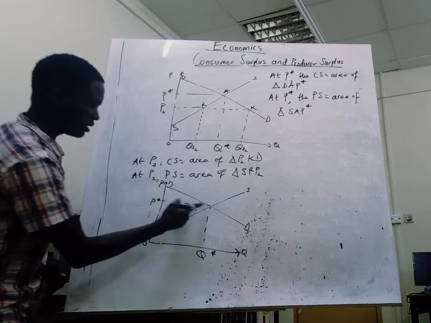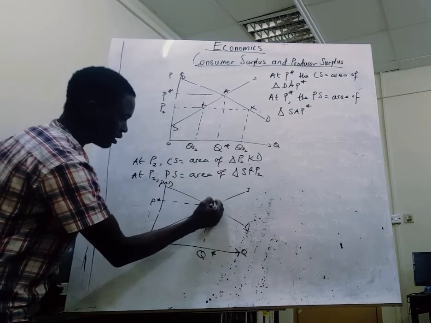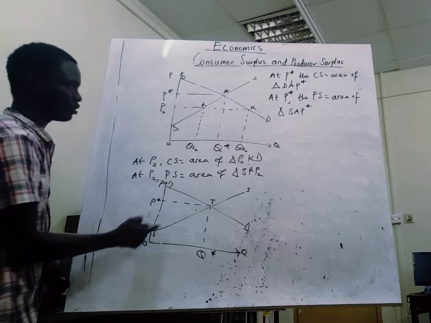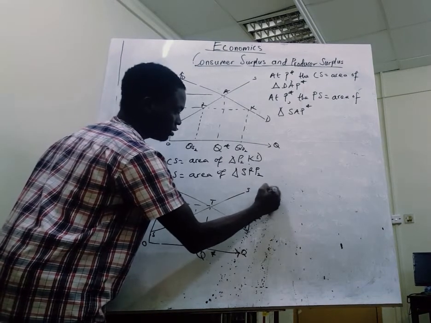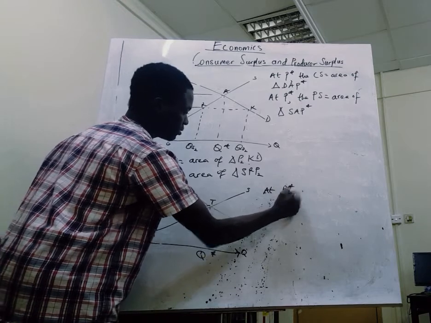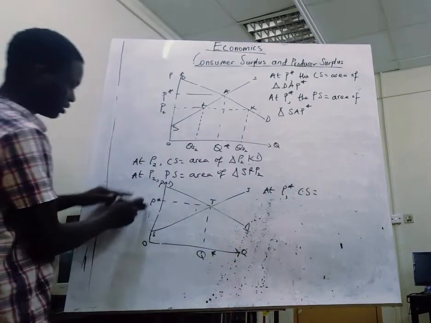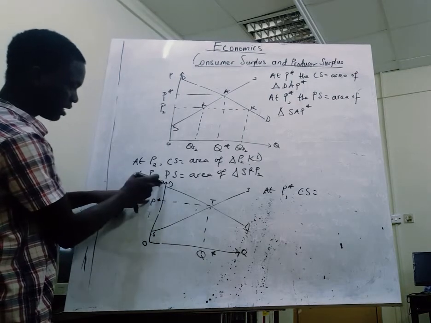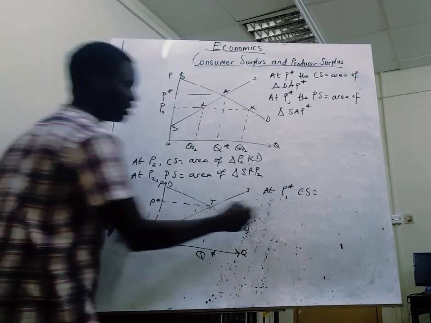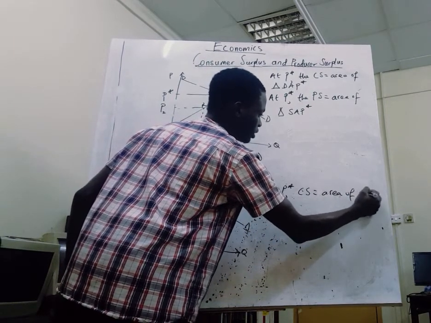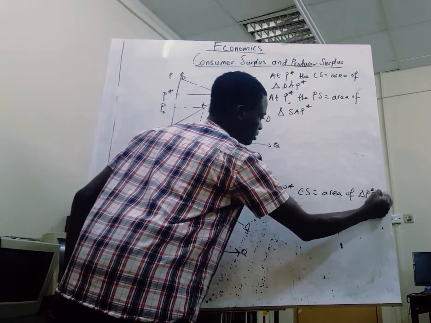This is an intersection, let's call this C. So we have S, T, P. At P star, for the second graph, the consumer surplus was P star, T, and D, area of triangle P star, T, D.